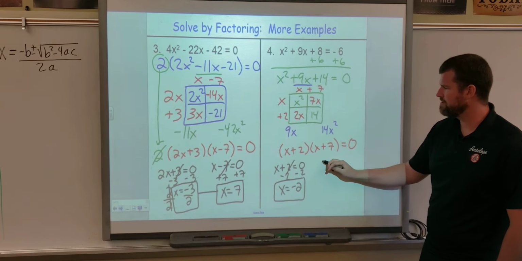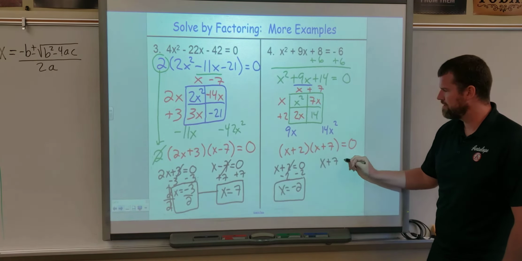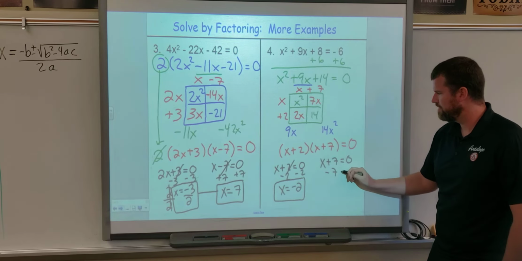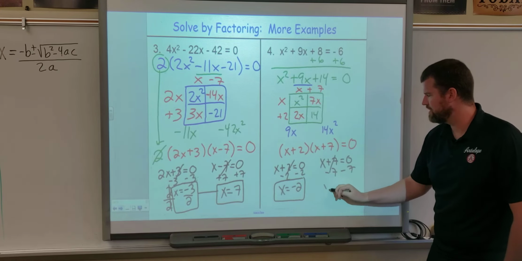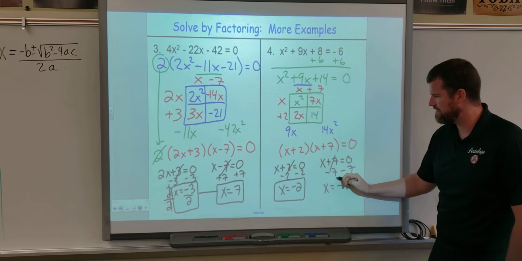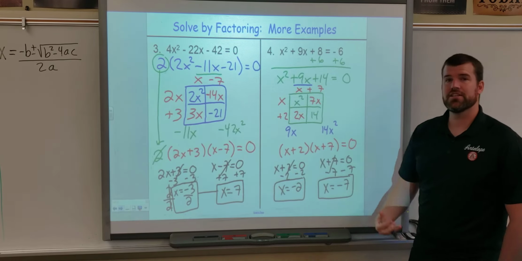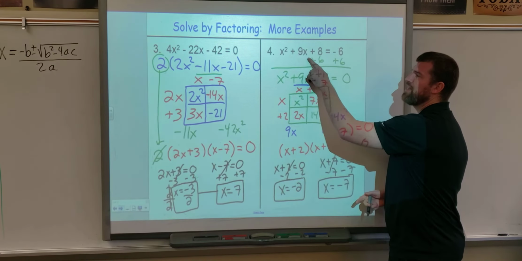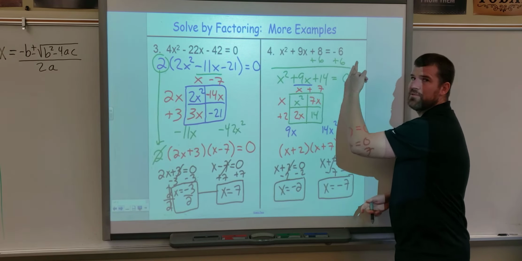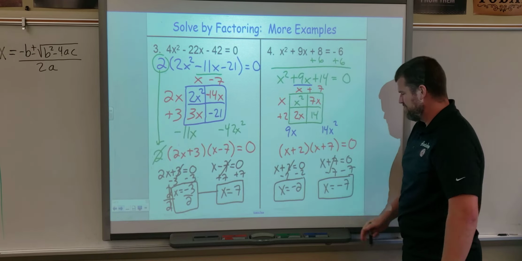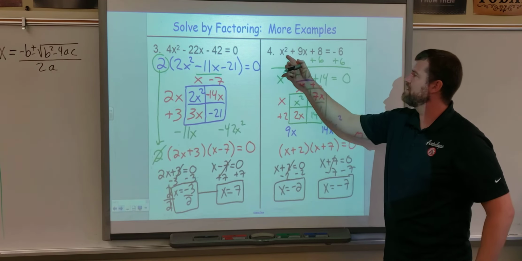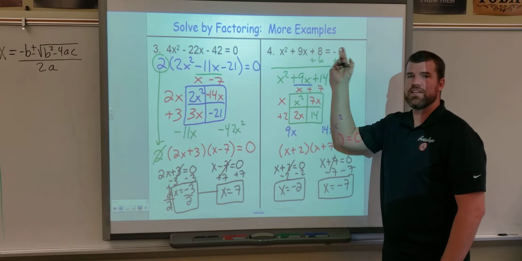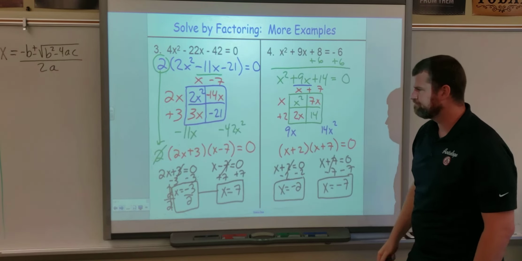And then same thing here, take my second factor, set it equal to 0, and my second solution is x equals negative 7. If I wanted to check my answer and make sure I'm correct, if I plug in negative 2 for both x's, this would end up being equal on both sides. Same thing if I plug in negative 7 for both x's, it'll be equal on both sides, so they both work.